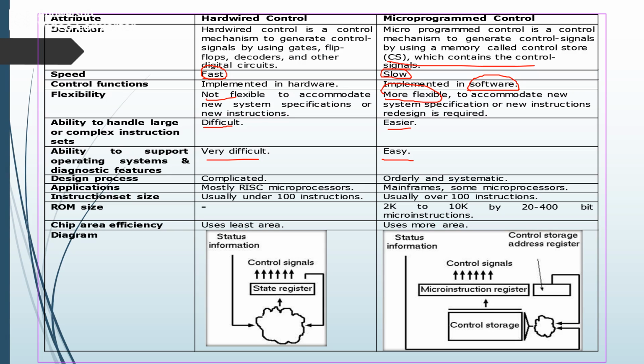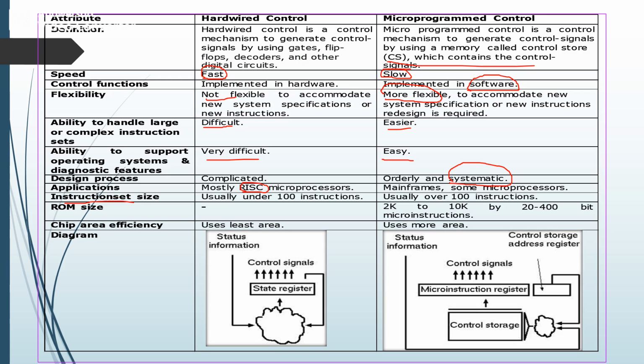The next attribute is design process, which is complicated under hardwired control, but in the case of microprogrammed control it is systematic. Next is application: hardwired can be used with RISC microprocessors, while for the microprogrammed control unit we can consider mainframes as well as microprocessors.